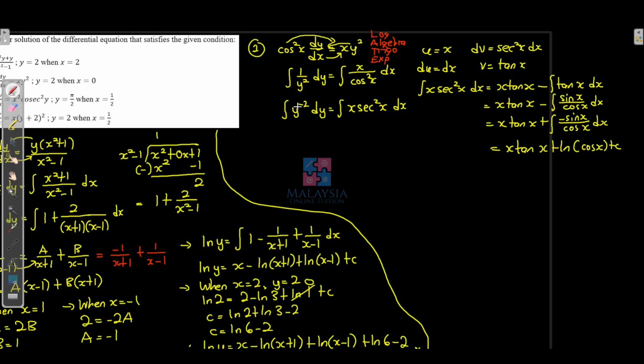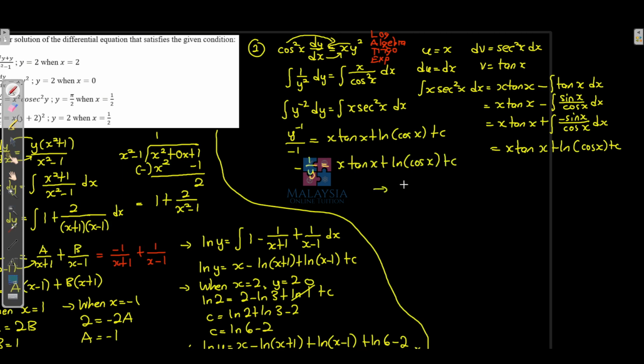Over here, the left-hand side integration is going to be y to the power of negative 1 divided by negative 1 equals x tan x plus ln cos x plus c. So before we substitute, this is negative 1 over y equals x tan x plus ln cos x plus c.